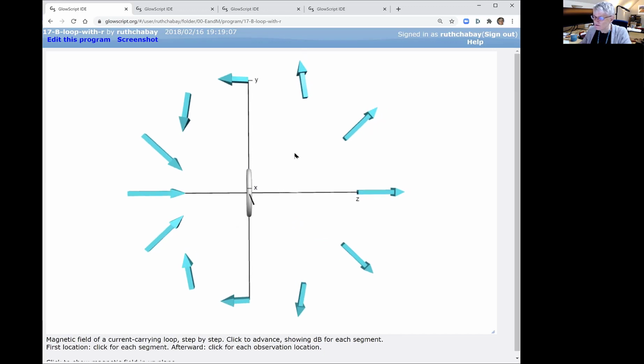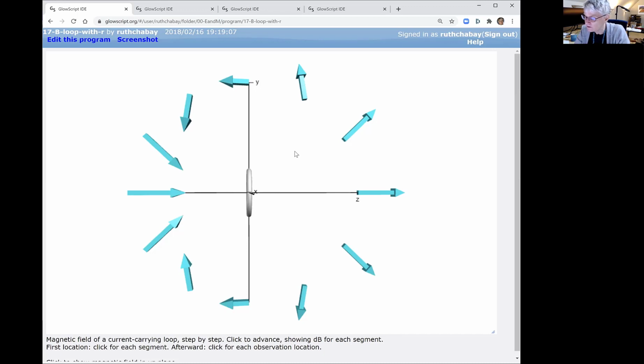And so, this is the magnetic field of this current carrying loop, but does that pattern look familiar to you? Yes, it is. It's a dipole, isn't it? And so a current loop is a magnetic dipole. It produces a pattern of field that's very characteristic of a dipole.